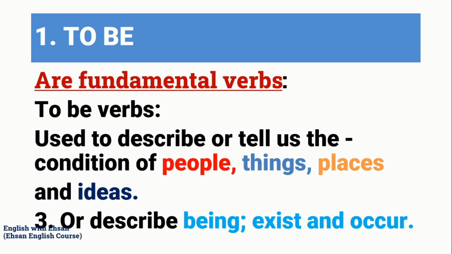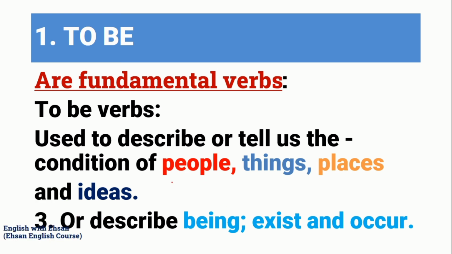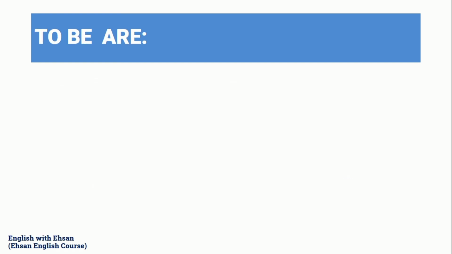Keep in mind, they also describe being, existing, or occurring. During this lecture, we have more examples and a full explanation. Okay, condition of people, things, places, and ideas. This is the definition, or describe being, exist, and occur.